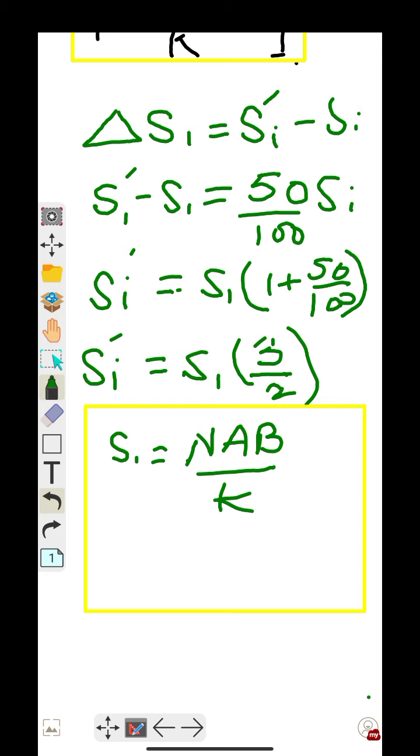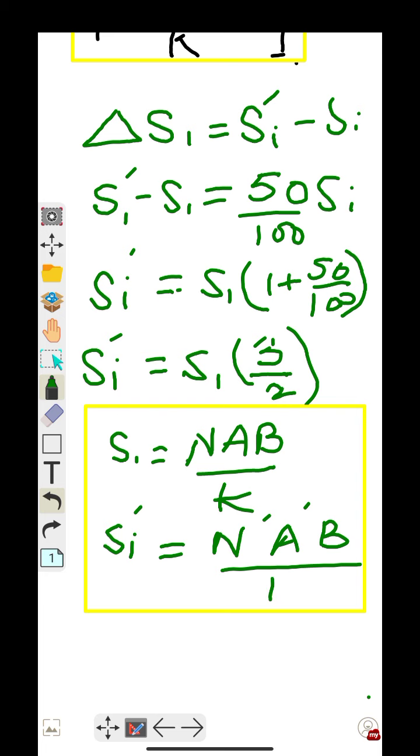So there are two things that could be changed, and two things that remain constant.